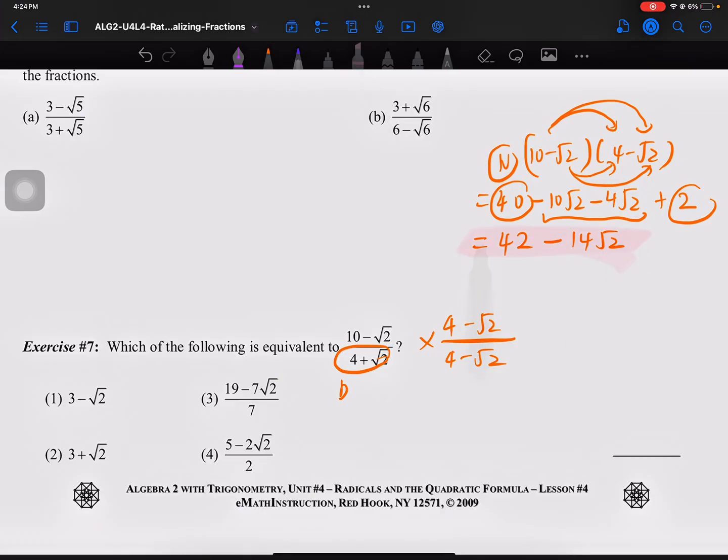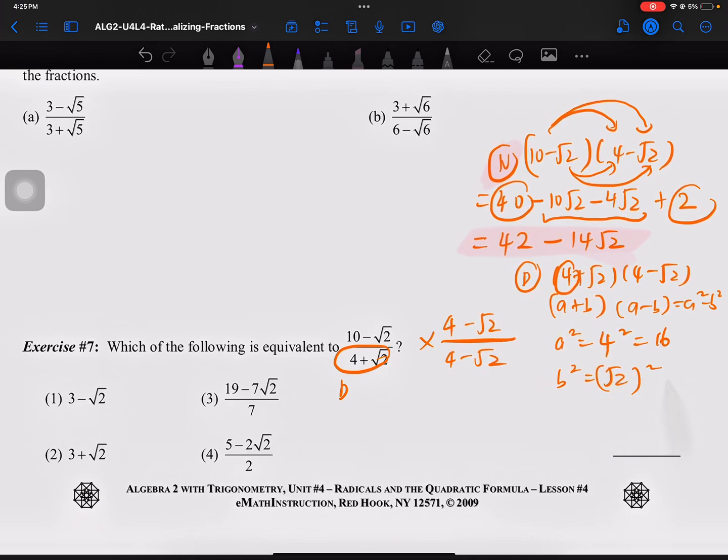Now the denominator is 4 plus √2 times 4 minus √2, and it is in the form of a conjugate, A plus B times A minus B equals A squared minus B squared. A squared is this 4, 4 squared is 16. B squared is √2 squared, which is 2. Now 16 minus 2 is 14. So the denominator is simplified to 14.